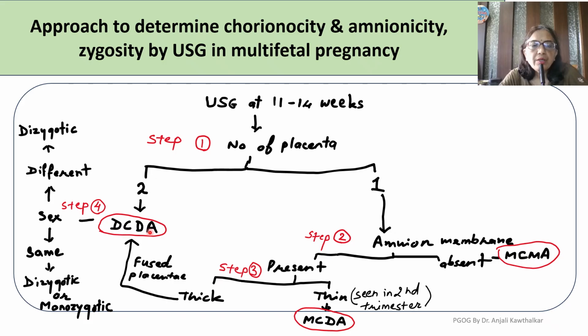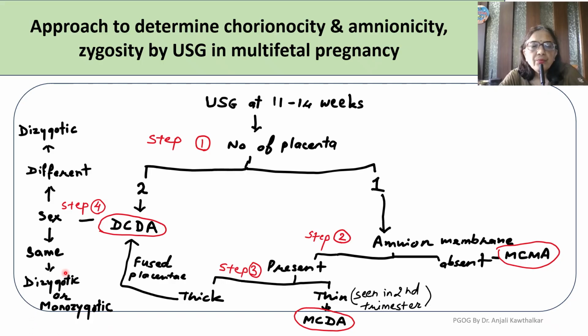Whenever it is a dichorionic diamniotic pregnancy, next we can go for determination of the sex of the babies. Different sex of the babies is suggestive of a dizygotic pregnancy. Same sex is suggestive of a dizygotic or monozygotic pregnancy.